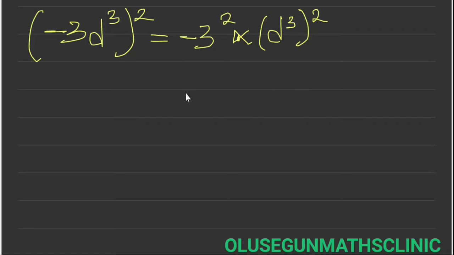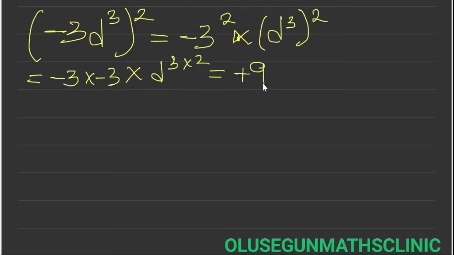So now, what do you understand by minus 3 squared? It means minus 3 times minus 3, you apply the law here. Recall, minus 3 times minus 3 will give you plus. 3 times 3 will give you 9. Now, d raised to power 6.